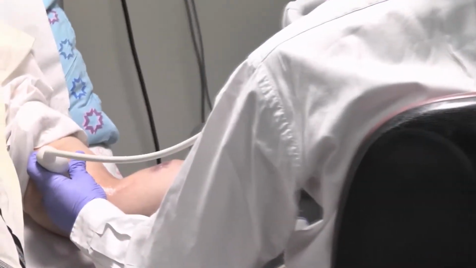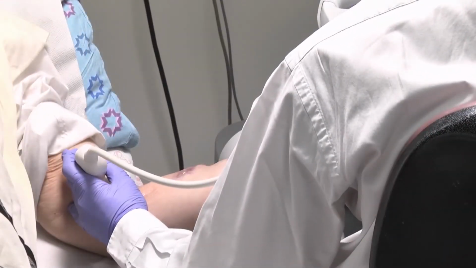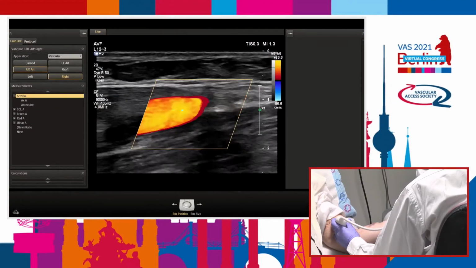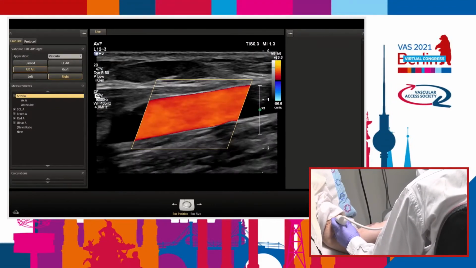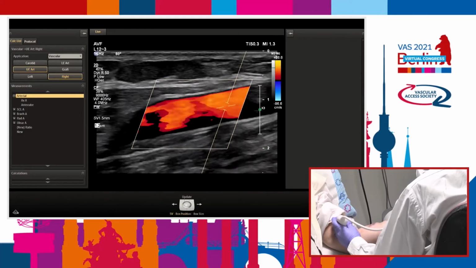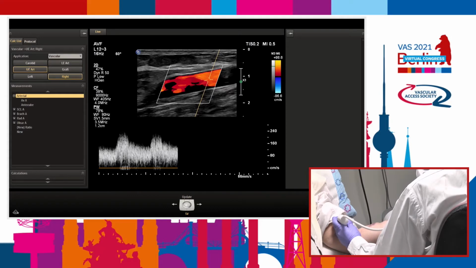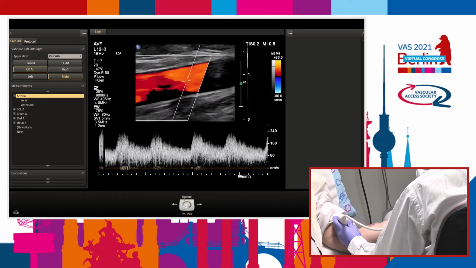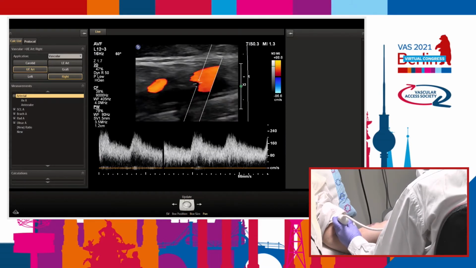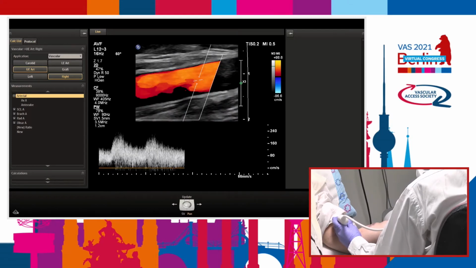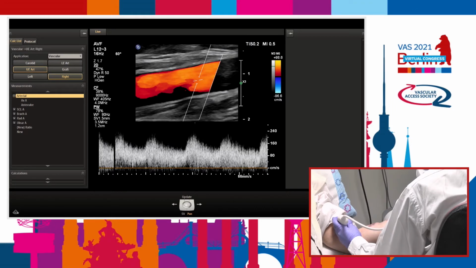We measure the flow by simply taking a straight segment of the artery. This is the brachial artery. Here we reduce the color a little bit to avoid aliasing. We freeze.